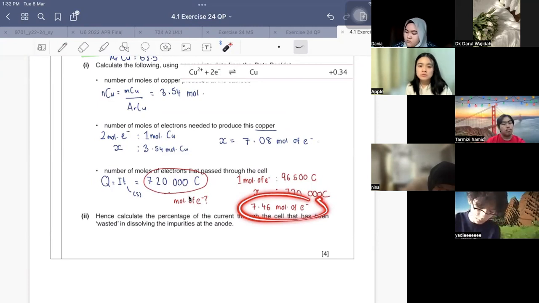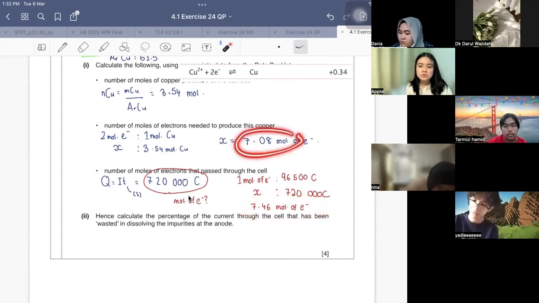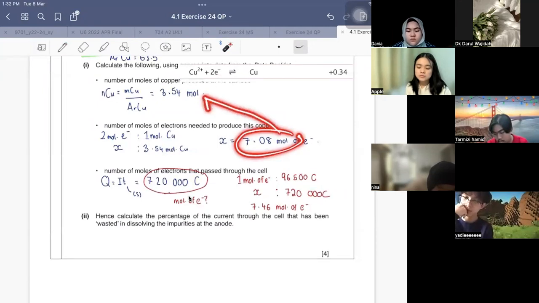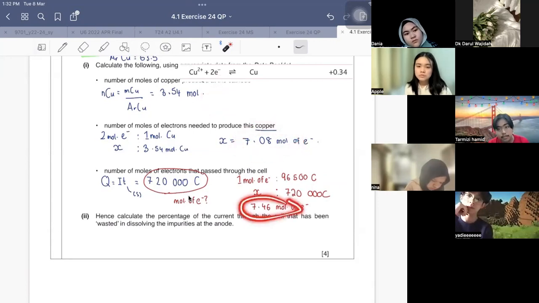Okay, 7.46. However, only 7.08 mole of electrons of charge is being used to produce the copper. So that means you have some extra electricity, extra current that is not being used to produce your copper.